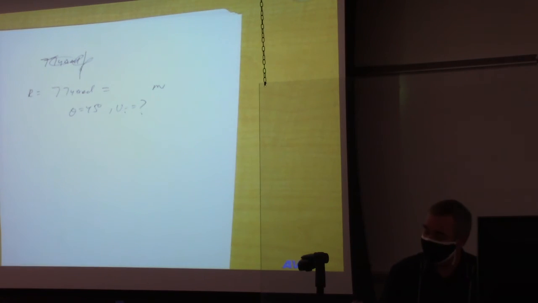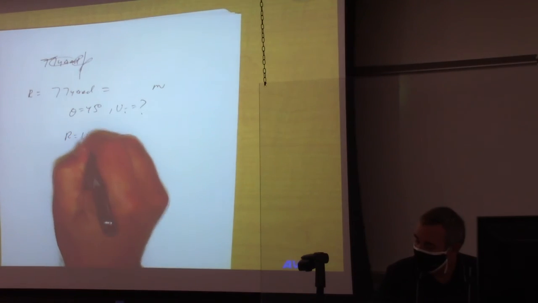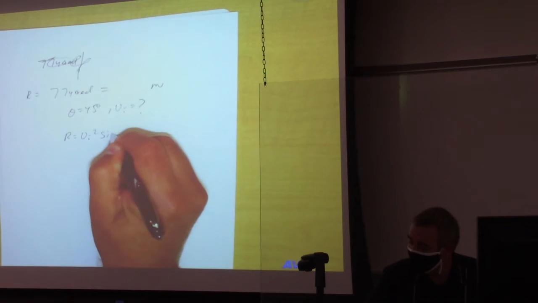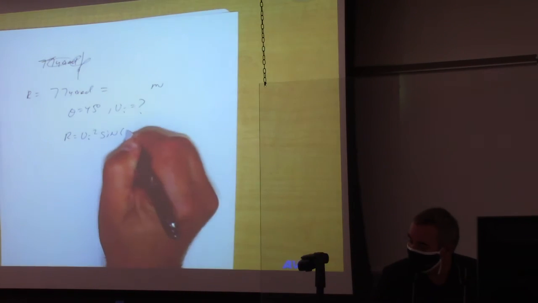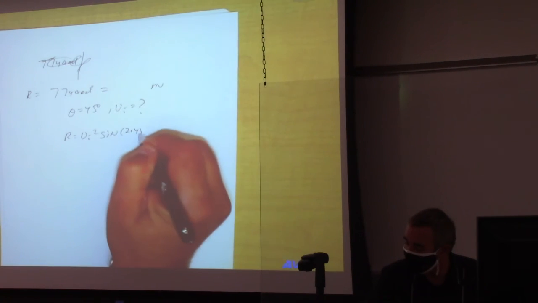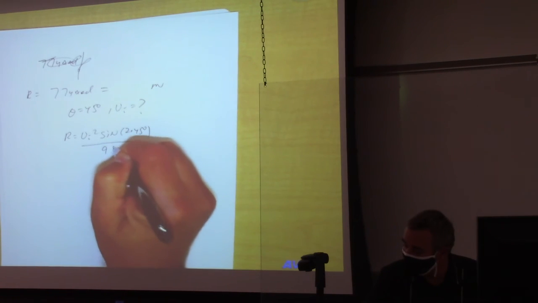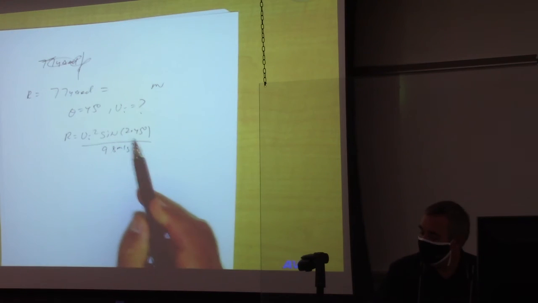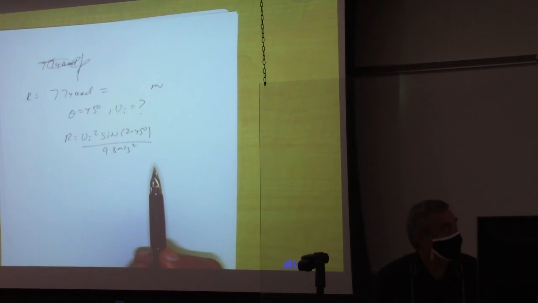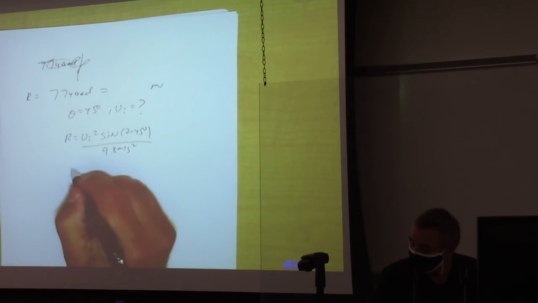So this problem is perfect for the range equation. Overall velocity squared sine of 2 times 45, and then divided by 9.8. So 2 times 45 is 90, so it would be the sine of 90, which is 1.